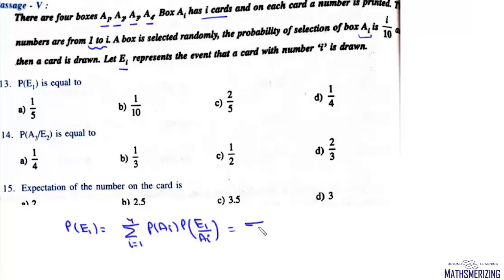So it will be this summation I varies from 1 to 4. Now probability of choosing AI is simply I by 10 and probability of getting 1 from AI is simply 1 by I. So this probability is simply 1 by 10. So it will be 1 by 10, 1 by 10, 1 by 10 4 times. So there will be 4 by 10, which is 2 by 5, option C.